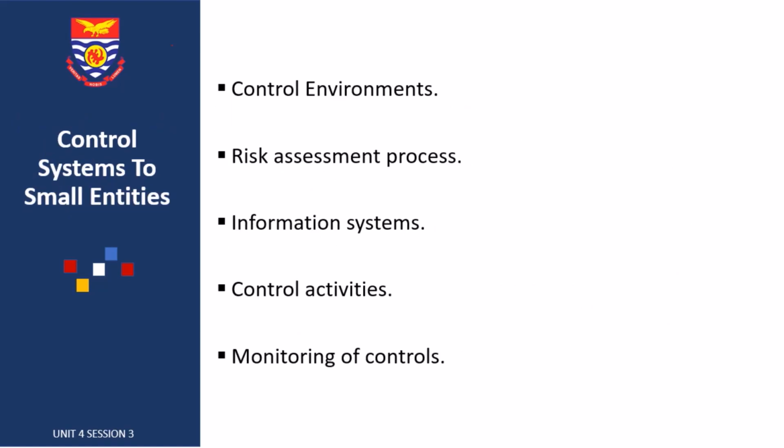Now the control procedures for small entities. We look at the control environment, the risk assessment process, the information system of those entities, their control activities, and then the monitoring of controls. That is relating to small entities.